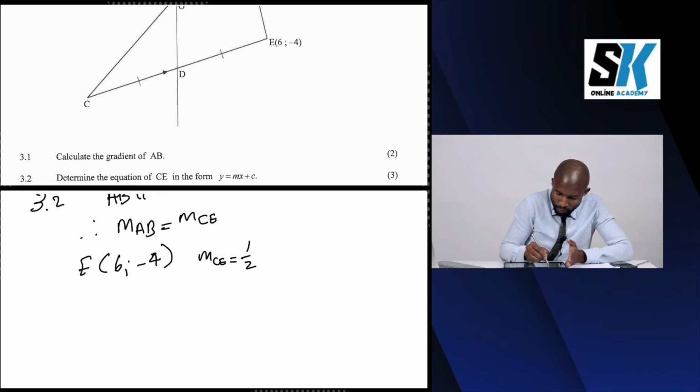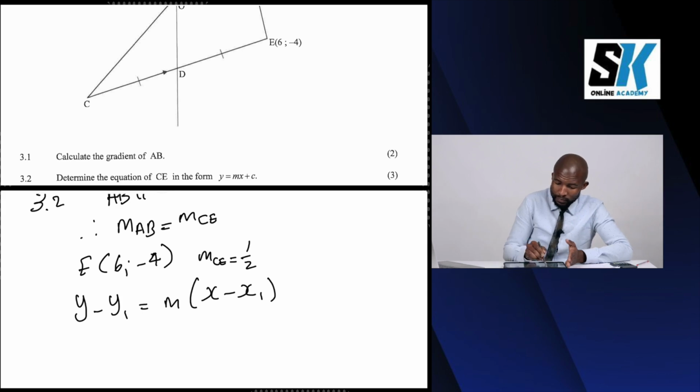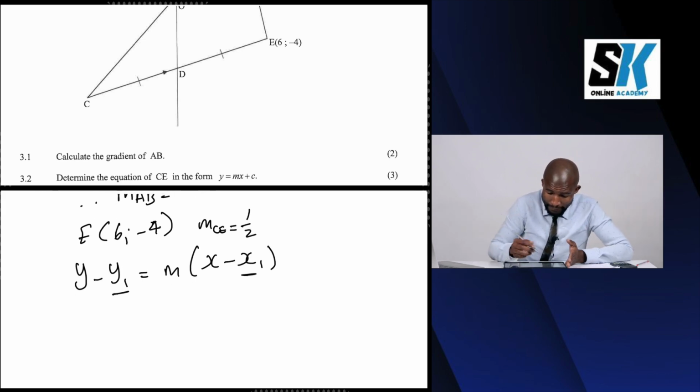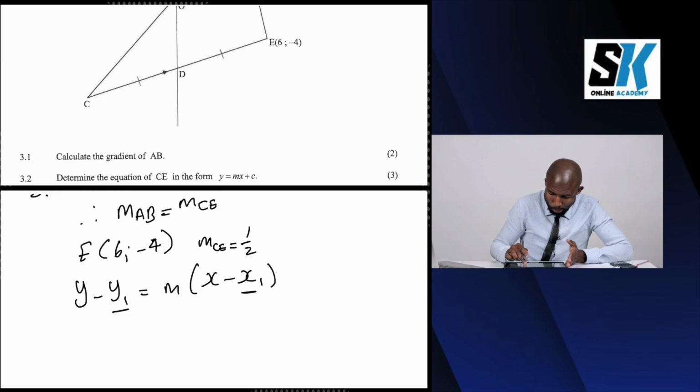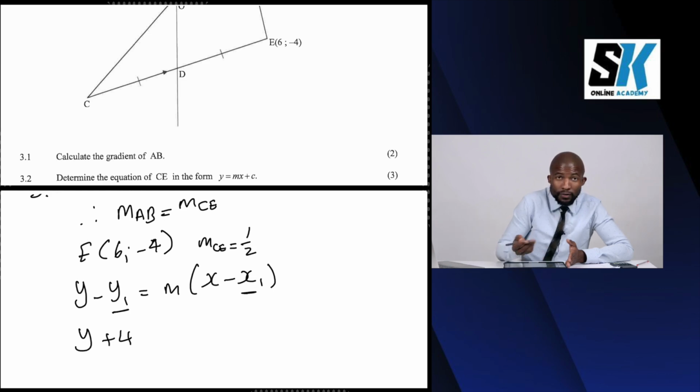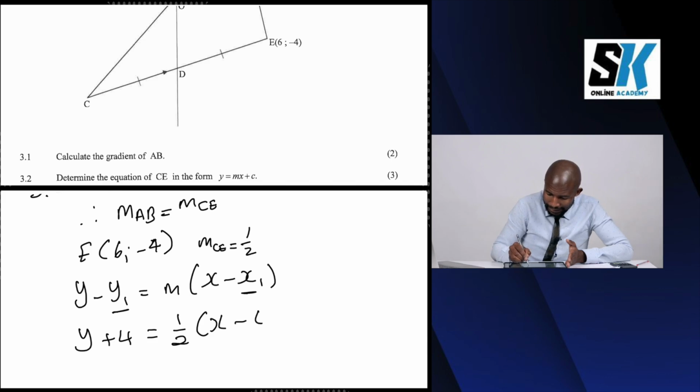So I'm going to say y minus y1 is equal to m times x minus x1. So y plus 4, since 4 is negative, is equal to a half times x minus 6.